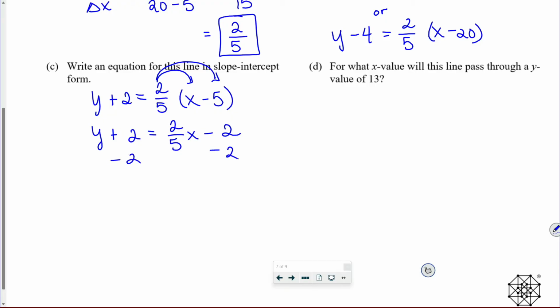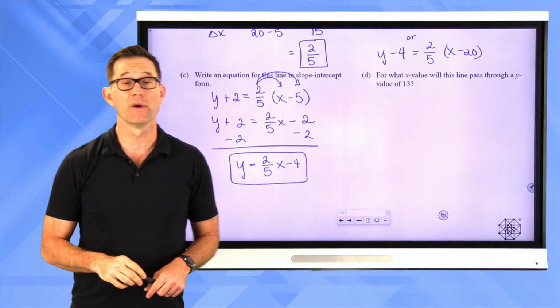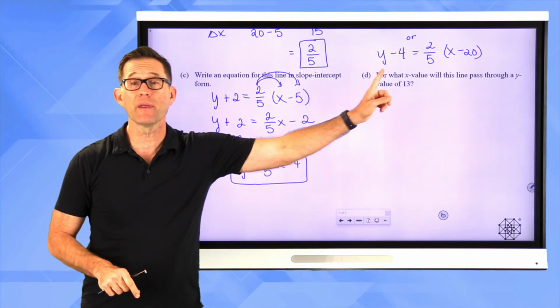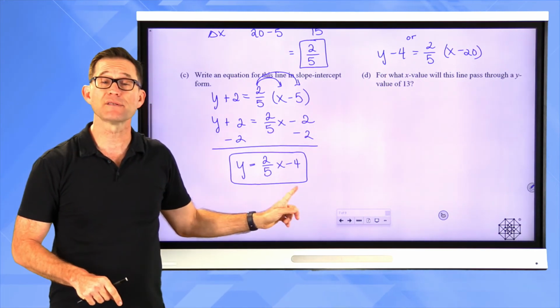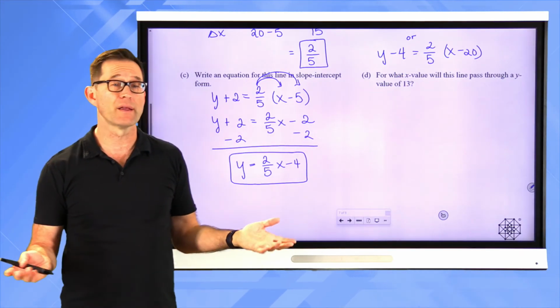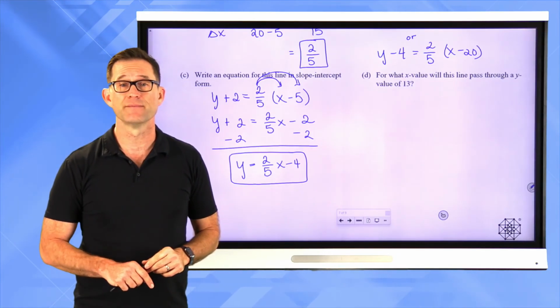Now I'll subtract 2 from both sides, and I'll find that y equals 2/5 x minus 4. And that is the equation of our line in slope-intercept form. If you had manipulated this one, you would get exactly the same answer. So if you got a different answer, and you're thinking it's just because you chose the other one, you should get exactly the same thing.